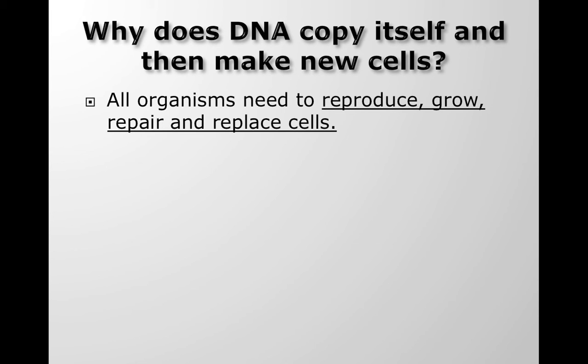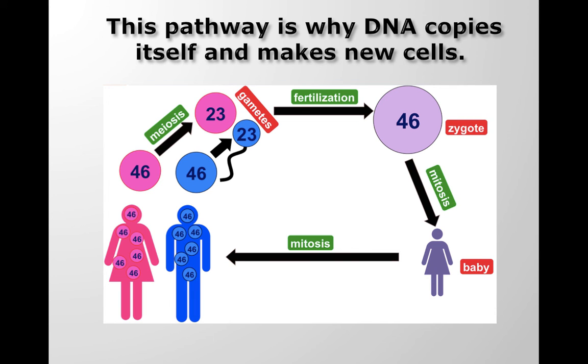So why, again, does DNA copy itself? It's because all organisms, whether you're a complex organism like a human or a simple organism like a bacteria, have to reproduce, grow, repair, and replace cells. And remember, so here we were talking about mitosis. A zygote, a baby, goes through mitosis to create and grow new cells all the time, and it grows up into an adult.